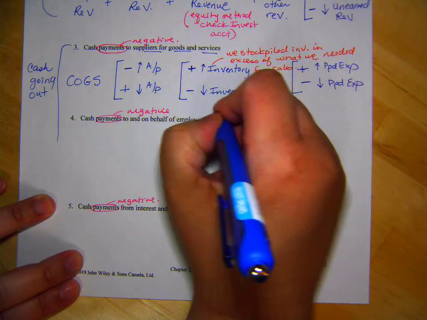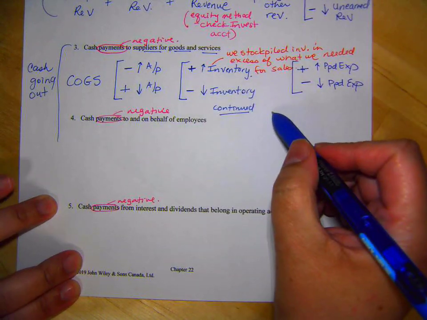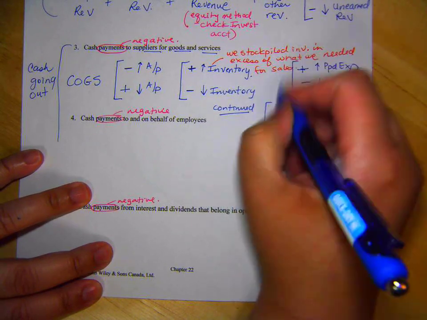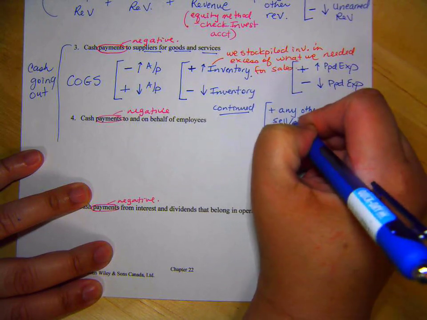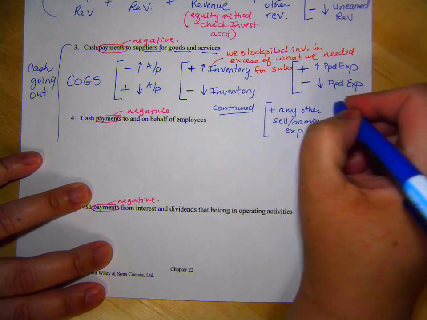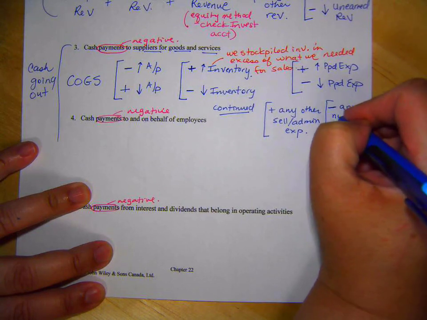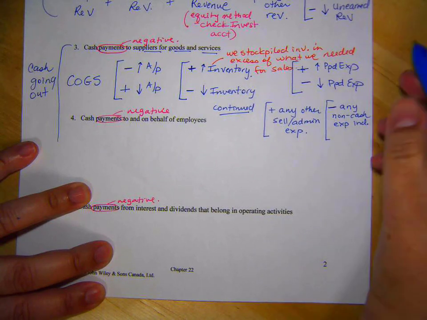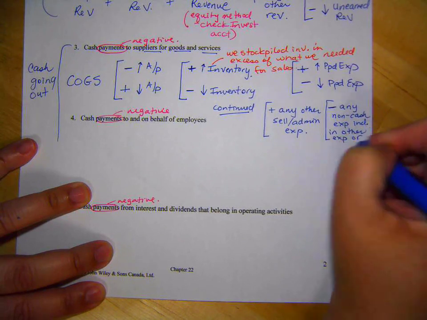Okay, then it's continued down here. We're going to add any other selling or admin expense, and subtract any non-cash expense that's included in other expenses or totals.